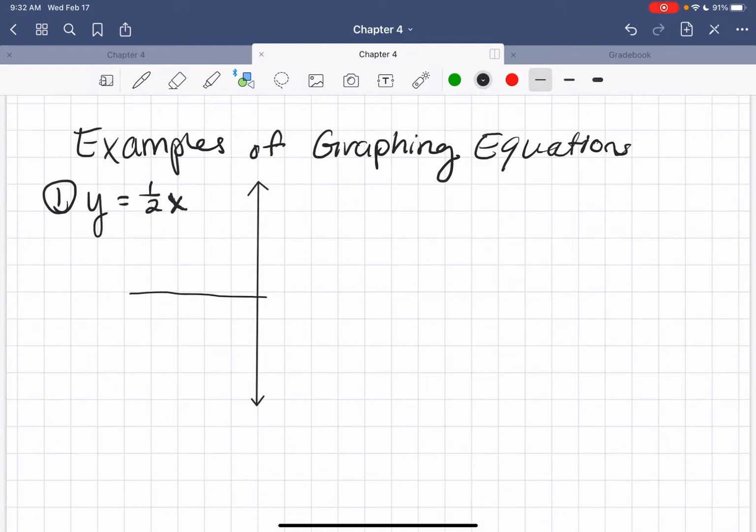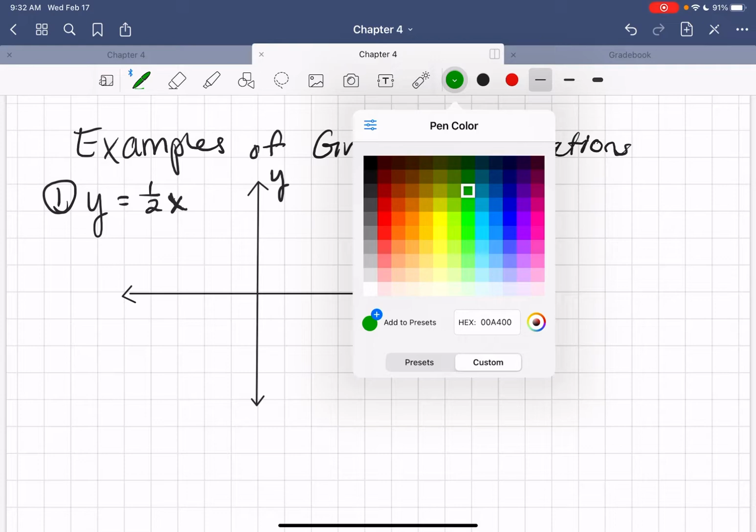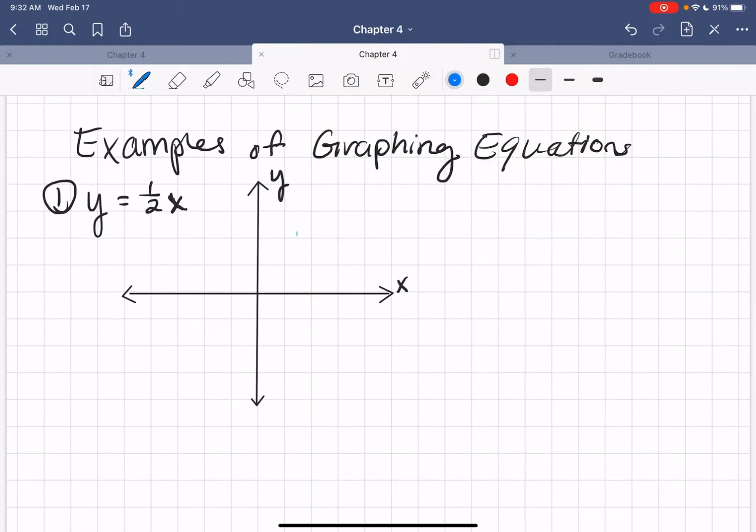And I'm going to be using y equals mx plus b to graph this, right? Y equals mx plus b. That's what I'm going to be using as the baseline for all of this.